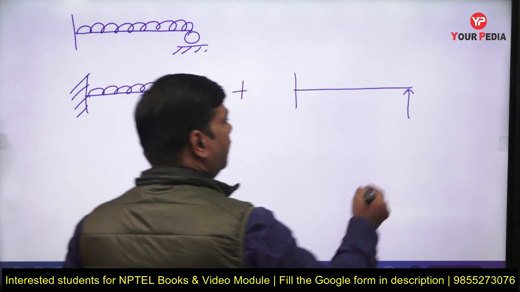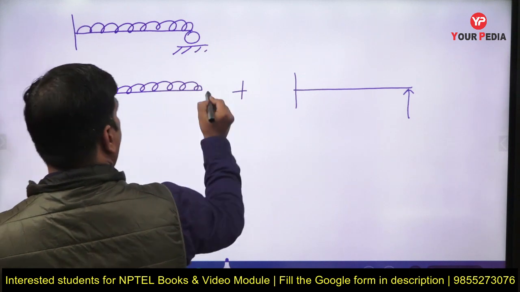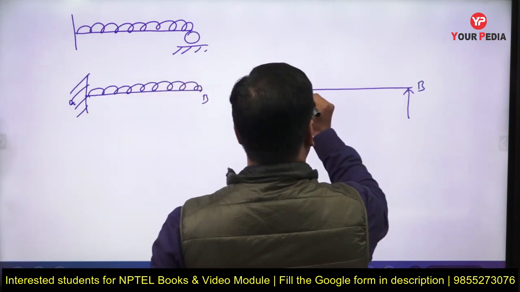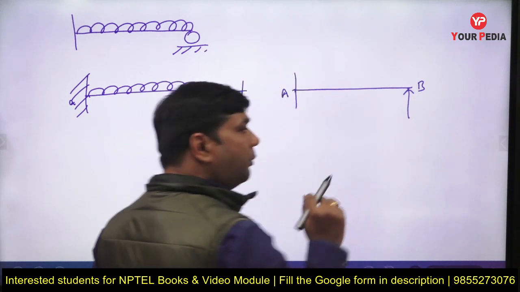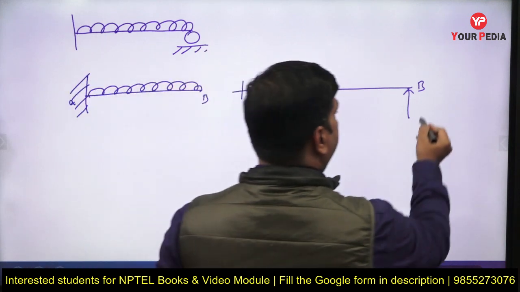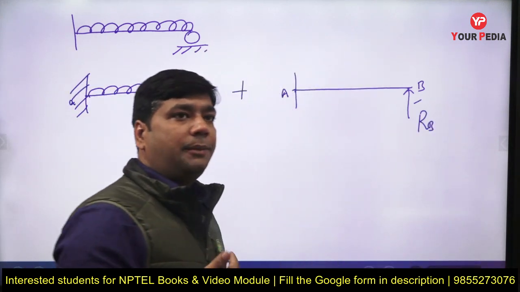If I am going to find out the reaction, let us assume this is point A and this is point B. First of all I am going to calculate this RB reaction. How do you calculate this RB reaction?